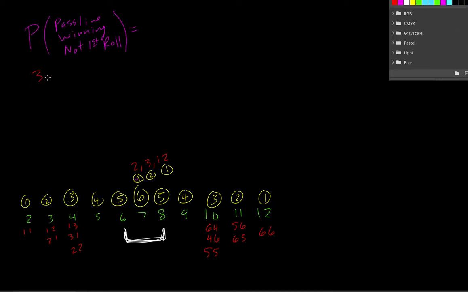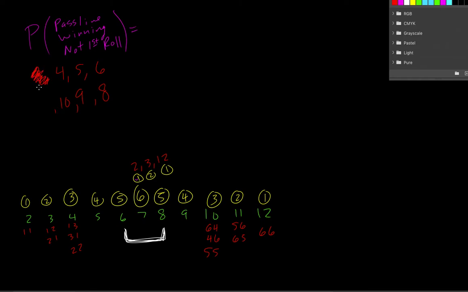So we could roll a 4, a 5, a 6, not 7, because it would have ended the game. Then we could do 8, 9, 10. Oh wait, we can't do a 3.